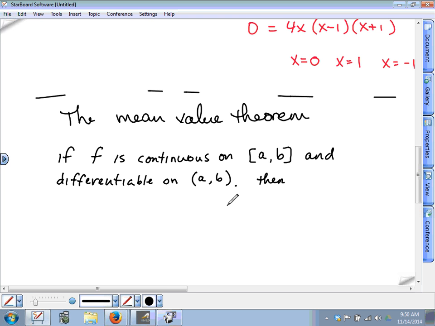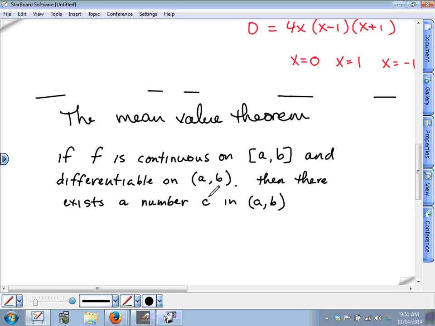Then, remember what I said right at the beginning, what does "mean" mathematically mean? The average. So then, there exists a number C in the open interval AB.